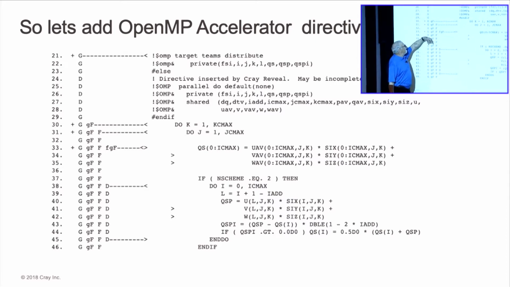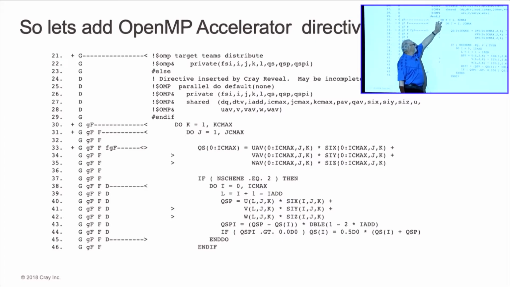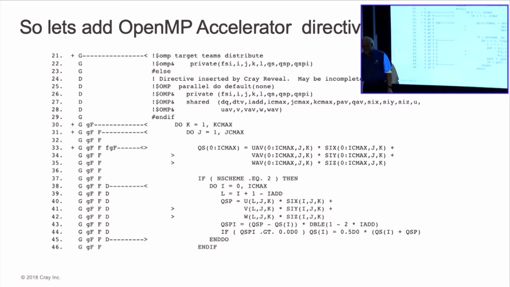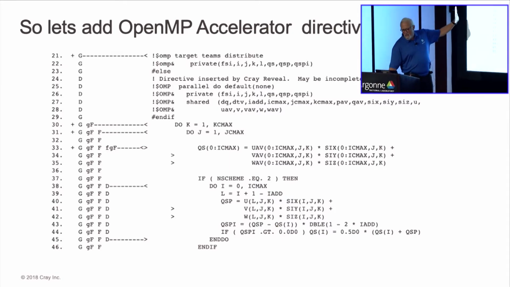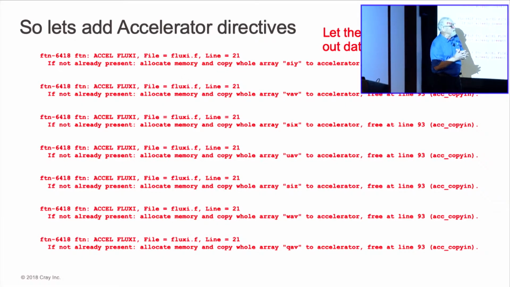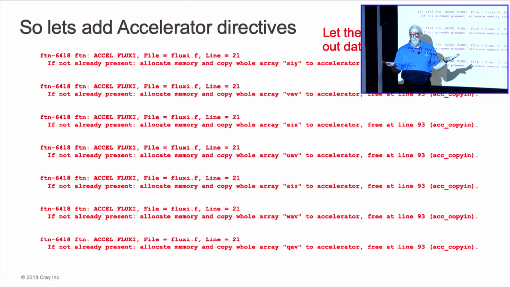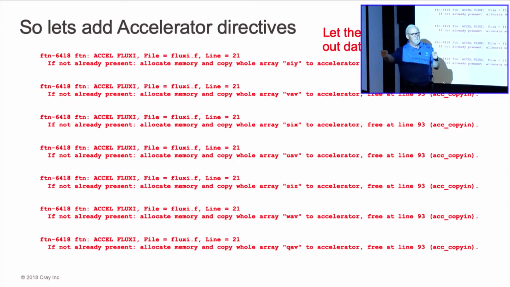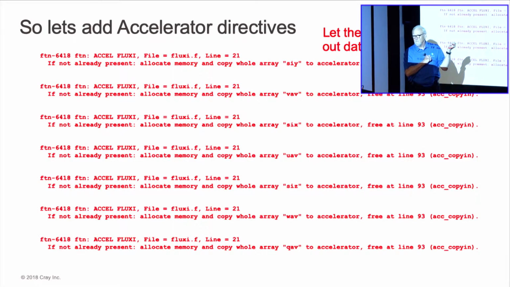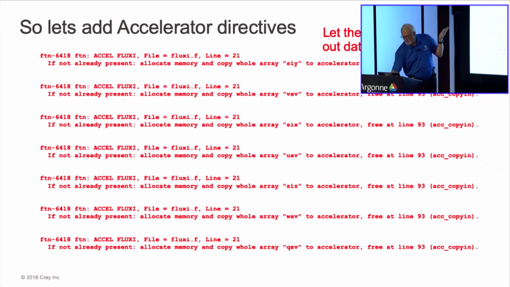The little g says that this is spread. Yeah, look, I put the array syntax back in. That is not right because this is a kernel all by itself, and I want it to be included with the other stuff. But anyways, after the routine, it tells me all of the arrays that it had to copy to the accelerator and back to get the right answers. So it does all my work for me.